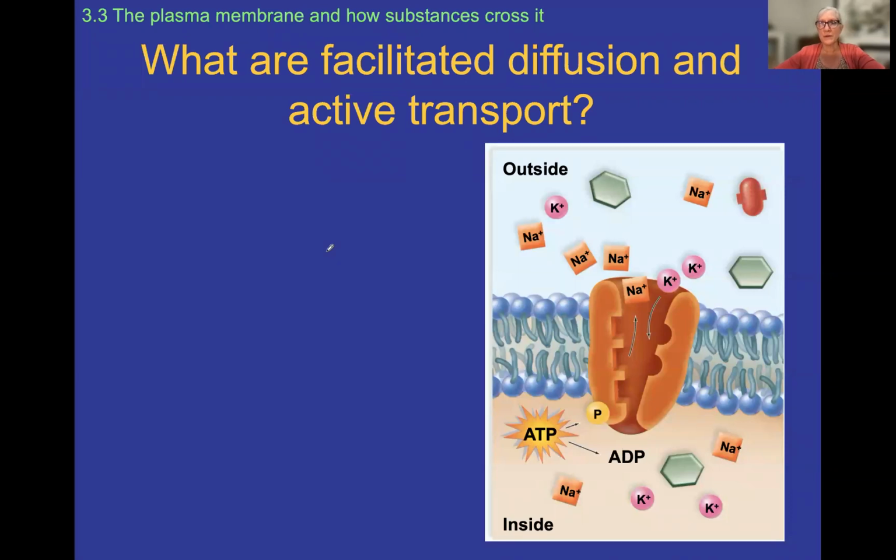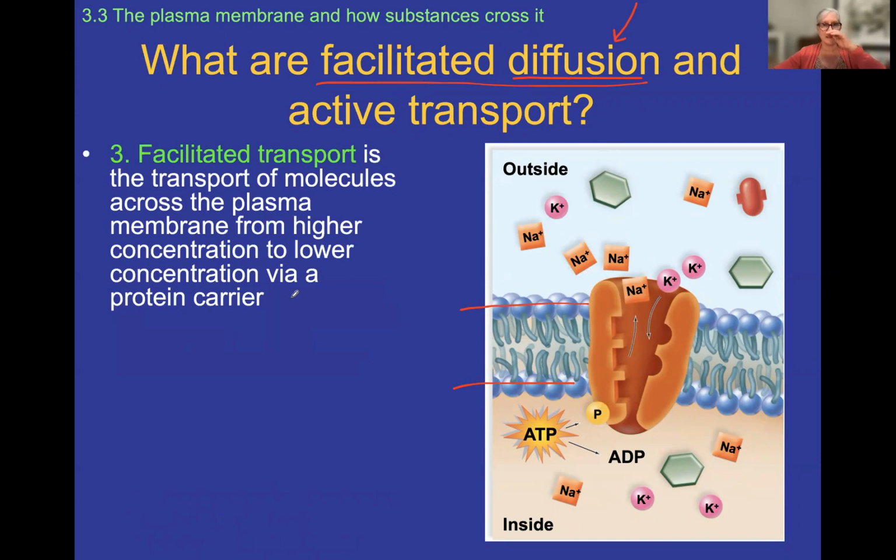To compare another way to get materials across, you recognize the cell membrane here with the phospholipid bilayer. You have a protein, this orange molecule, that's going to help move molecules across. Facilitated diffusion, you remember diffusion means we don't need any ATP. In that case, the transport of molecules across the membrane always goes from high to low concentration of that particle.